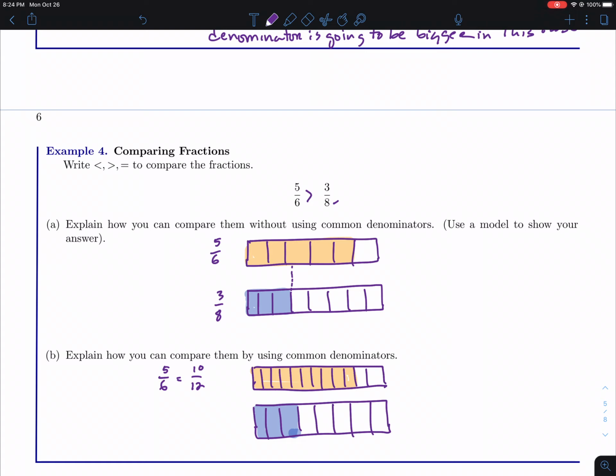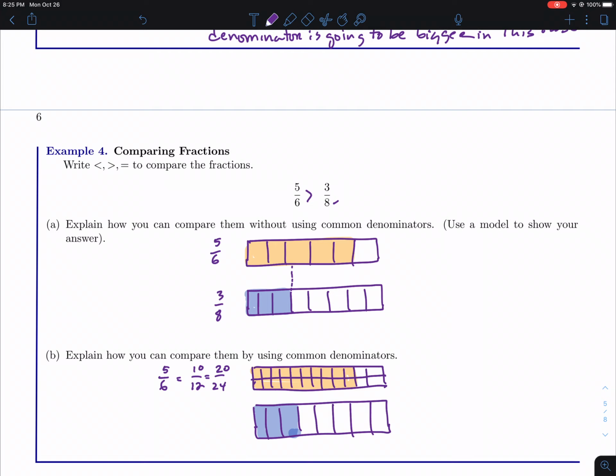And then if I did this, I could get 1, 2, 3, 4, 5, 6, 7, 8, 9, 10, so 20 on the top and 24 on the bottom. So I've basically drawn the equivalent fraction for this one.